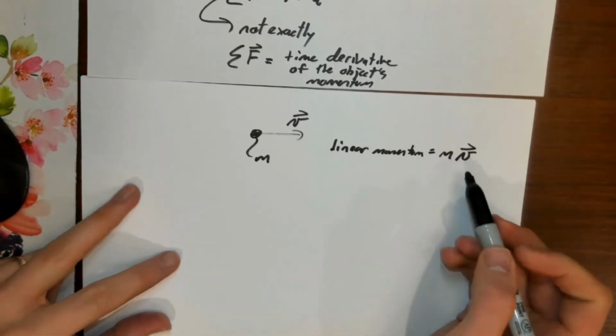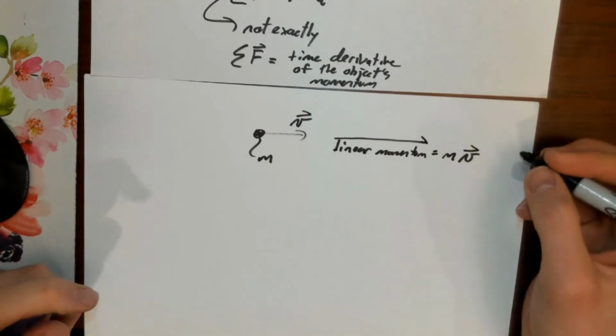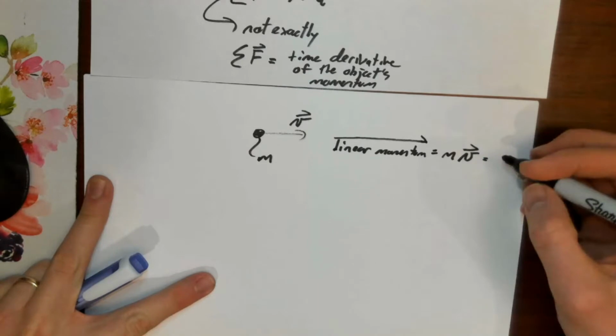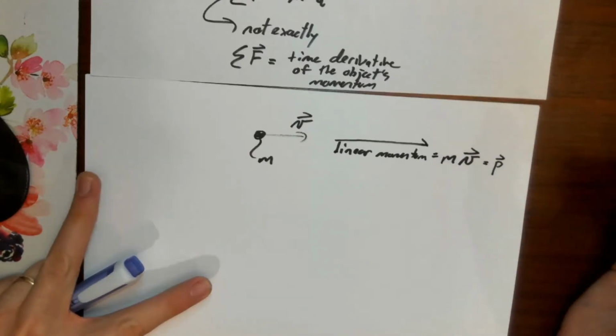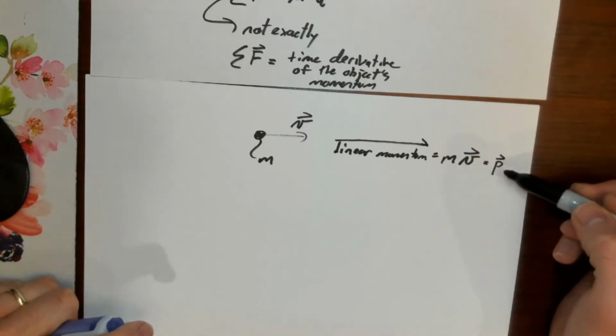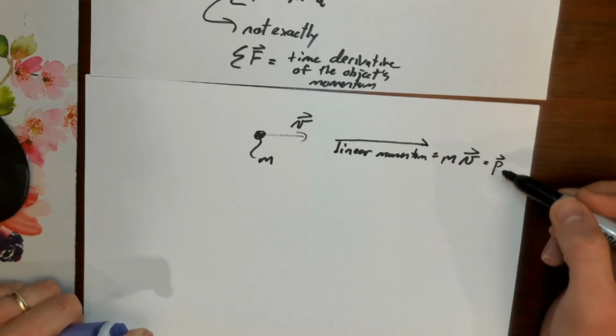And because velocity is a vector, linear momentum is also a vector. In a lot of contexts, people use the variable lowercase p to mean momentum. I'm going to have to use it in this case, but I'm sorry, because we use capital P for pressure, but lowercase p with a vector over it is going to be momentum.